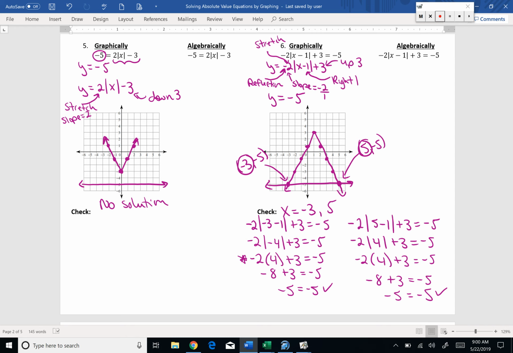The other reason why I wanted to graph these first, before we get into the algebraic piece of it, is so you could see when we solve these, they're not like the equations we solved at the beginning of the year, where we just always had x equals, and then we got one answer. We got one value. Now we have our absolute value. Every time we've been getting 2 values. Or we had a no solution a couple times. And those no solution ones, they can happen. They can definitely happen.